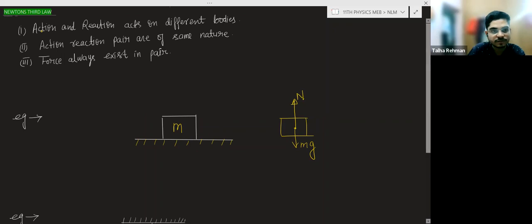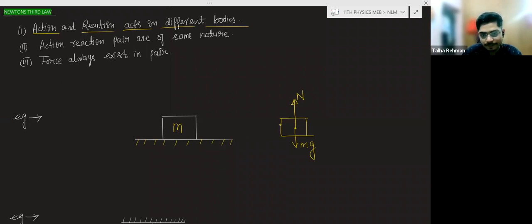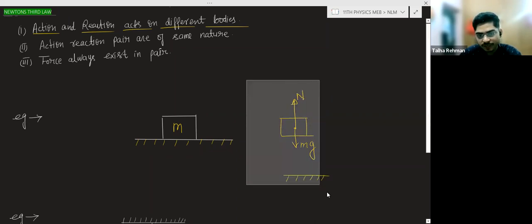So first statement you should know: action and reaction act on different bodies. Okay, now what is action and what is reaction here? If I separately draw this surface like this, then actually this will be the condition.